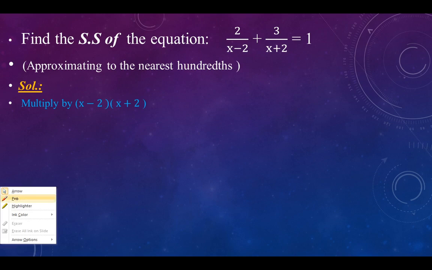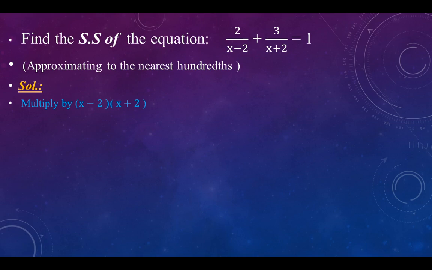Again, first we are going to solve this example together, then we are going to solve it one more time using PowerPoint. Here we have 2 over x minus 2 multiplied by x minus 2 and x plus 2.